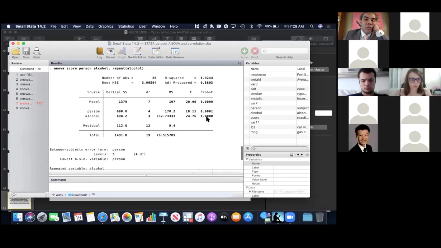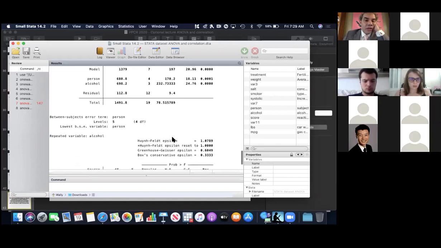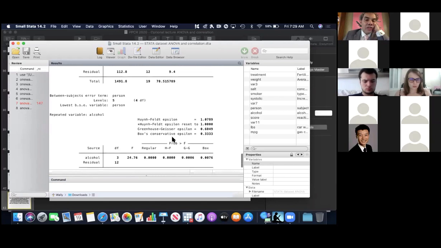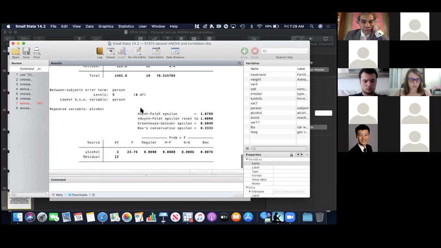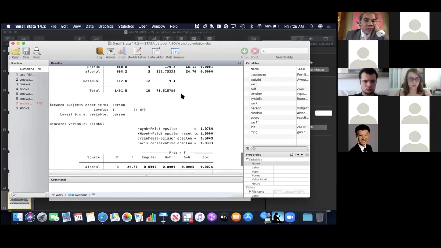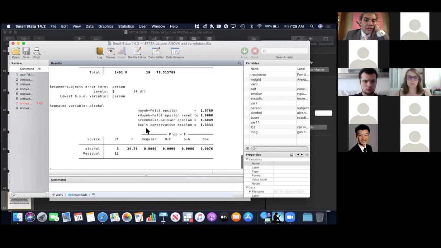So 0.0000 is my p-value. But here, STATA does the Mauchly test, okay? And the Mauchly test finds the test significant. And so here they adjust automatically your p-value to one of these three: the Greenhouse-Geisser, the Huynh-Feldt, and the Box.